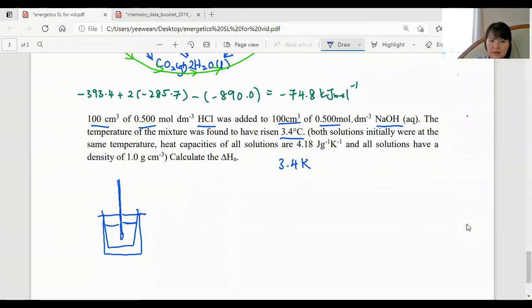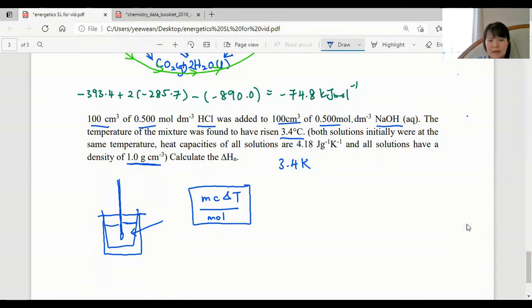We also need the density to know the mass of the solution in here. So we're going to use this formula. And the mass here is the mass of the solution in here. So in this case, 100 plus 100, that's 200 centimeter cubes, which means 200 grams.